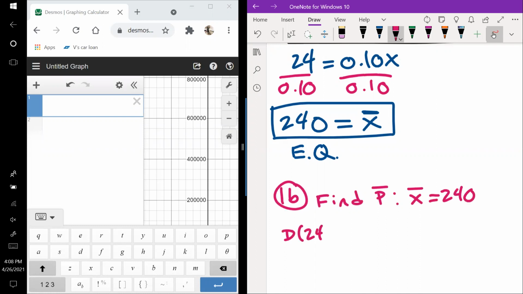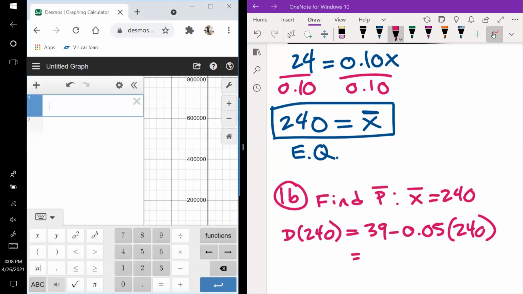So we'll say d of 240 is going to give me 39 minus 0.05 times 240. All right. And then we'll get 39 minus 0.05 times 240. And we will get 27.